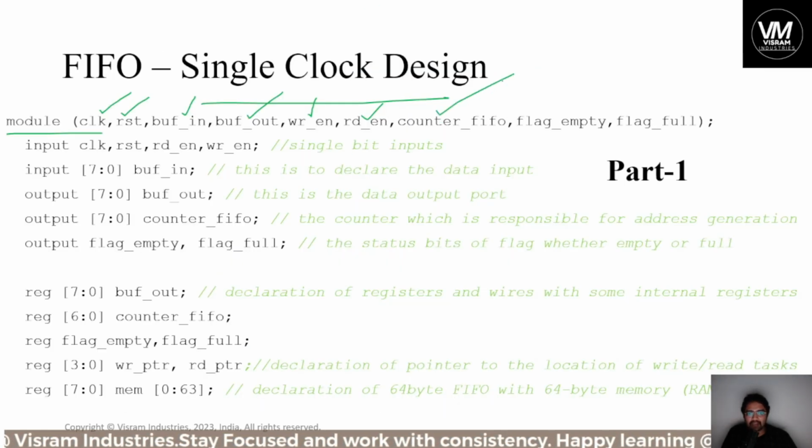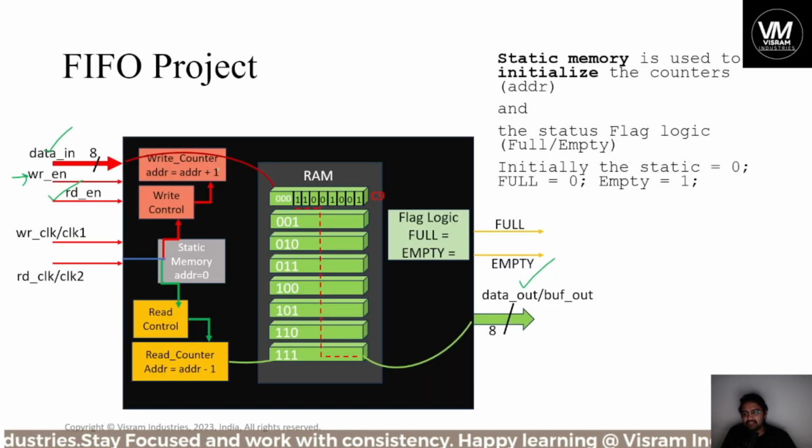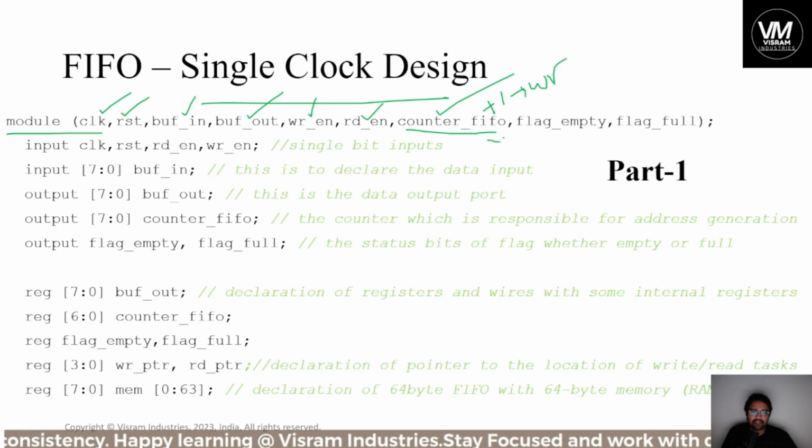You have a counter. That counter is a write counter or read counter, we don't know, but the counter FIFO tells us. If the counter FIFO is incrementing, then it is write, and if the counter FIFO is decrementing, then it is read. Got it? Hence, understand there is only one counter.